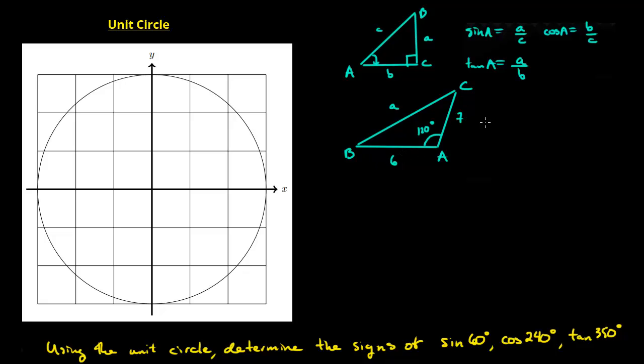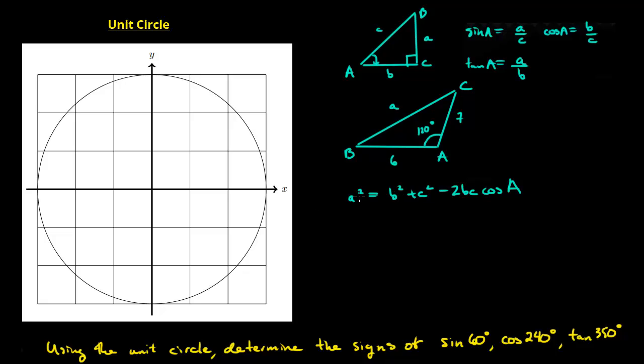So in a previous course you would have probably solved this triangle before, and you likely said that a squared is equal to b squared plus c squared minus 2bc cosine of angle A. And that's the cosine law, if you recall.